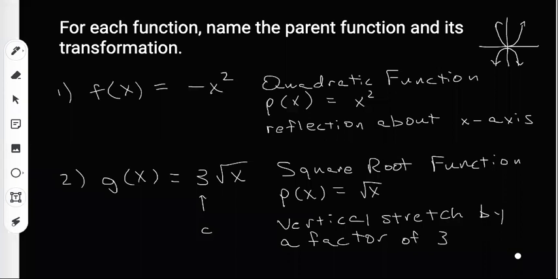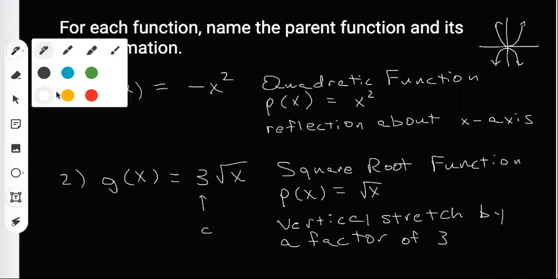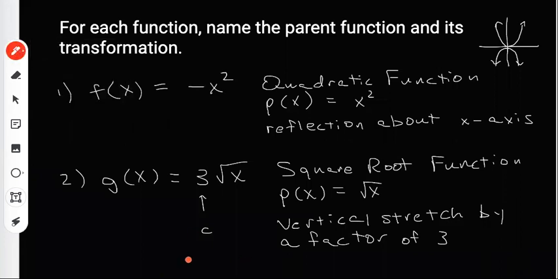Now, what you could also say about this function is, since it's a vertical stretch, I can also say it's a horizontal shrink. So if I didn't write this, then I would write this is a horizontal shrink by a factor of 3.